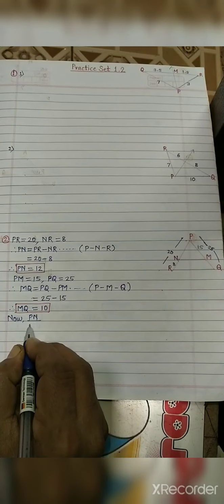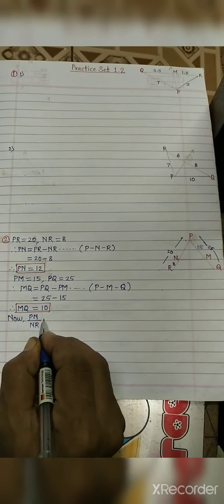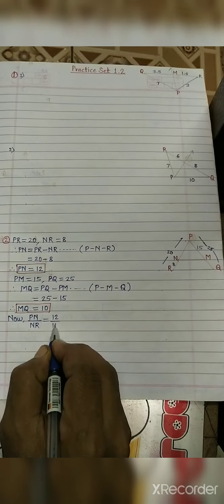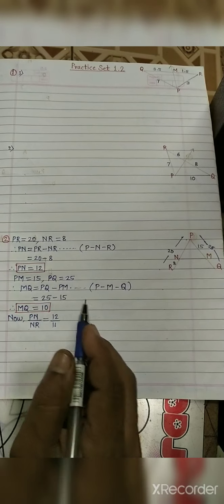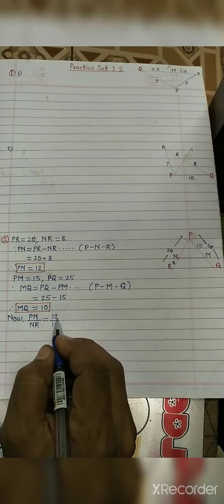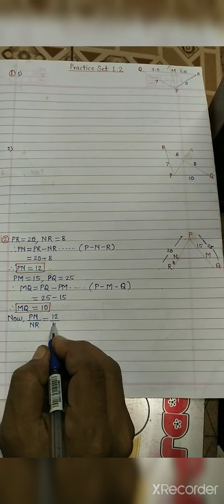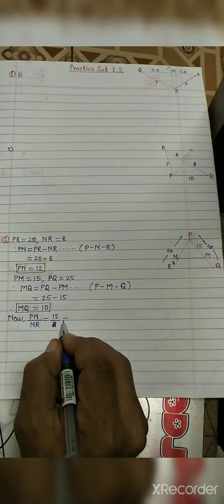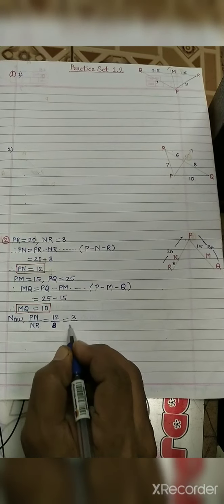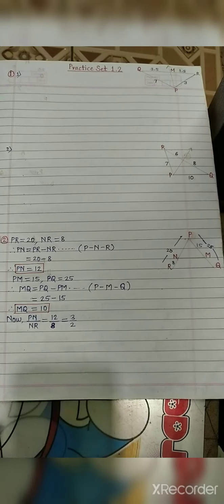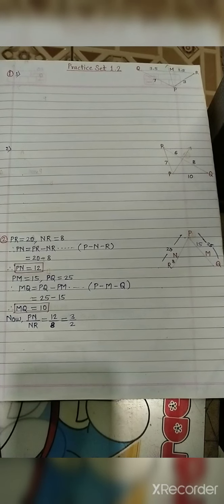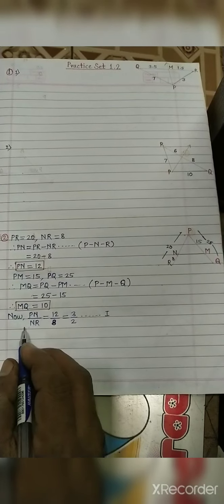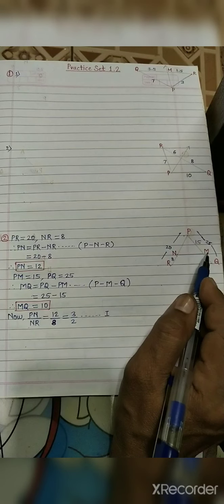PN upon NR is equal to PN which is 12 upon NR, where PN is equal to 12 and NR is equal to 8. So here 4 3s are 12 and 4 2s are 8. So PN upon NR is equal to 3 upon 2, number 1.